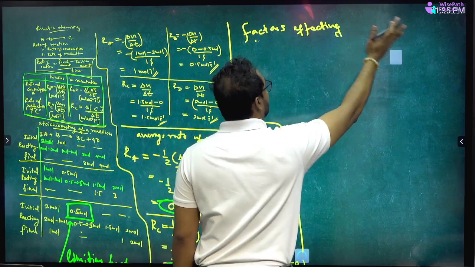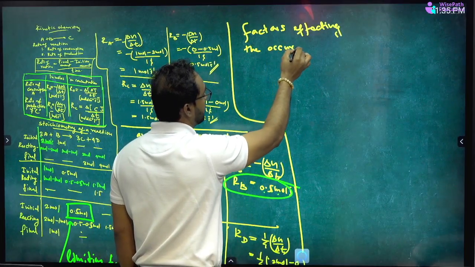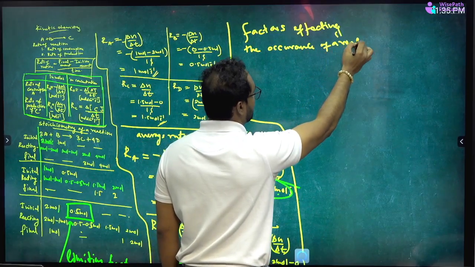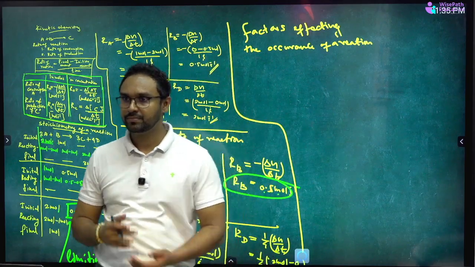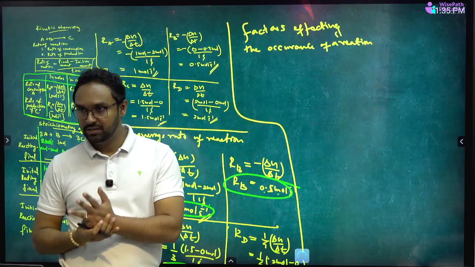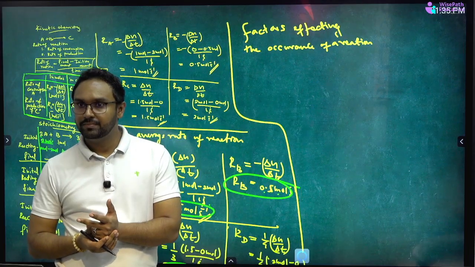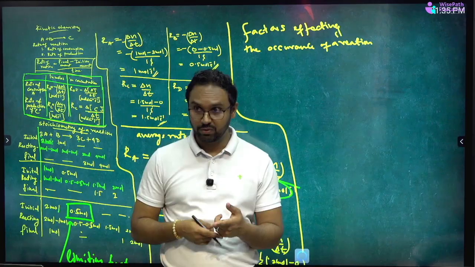Factors affecting the occurrence of a reaction. What are the factors affecting the occurrence of a reaction? Collision, correct orientation, activation energy. So when you write it, you'll have to write the total form.